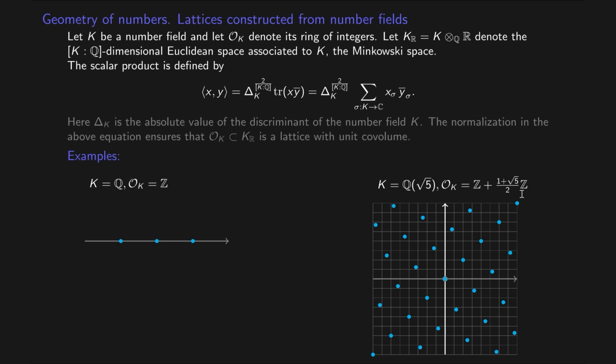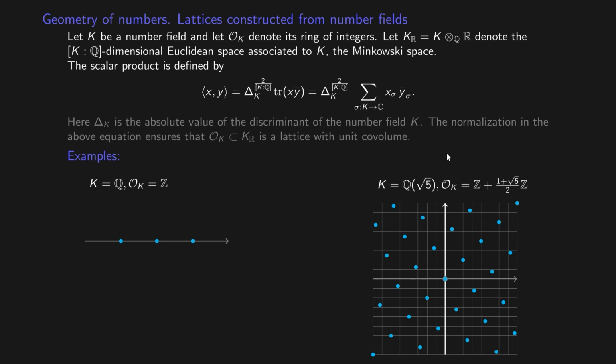We get a lattice which is depicted here in blue points. For fields of degree 3, the blackboard doesn't have enough dimensions, so we will not give examples like that, but I hope you could grasp the main idea.